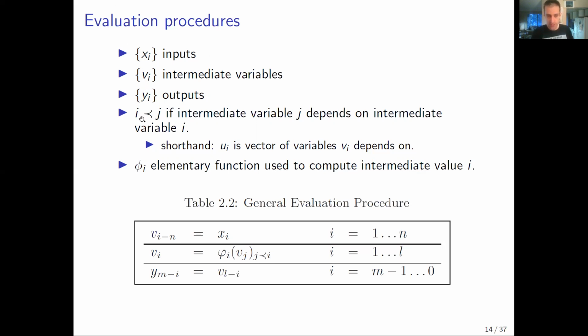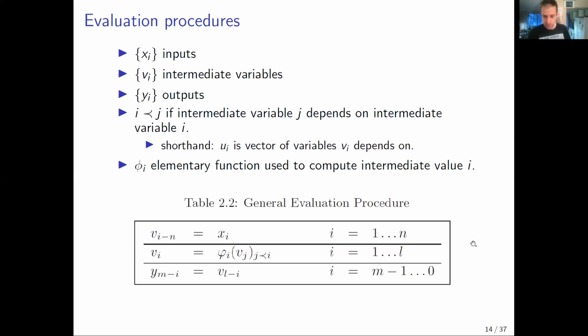Furthermore, they use this notation here, i ≺ j, to denote that intermediate variable j depends on intermediate variable i. So in order to compute intermediate variable j, you need intermediate variable i. And they also use this notation here, phi_i, to denote the elementary function that's used to compute intermediate variable i. And remember, the key thing about elementary functions is that we know how to differentiate them analytically.